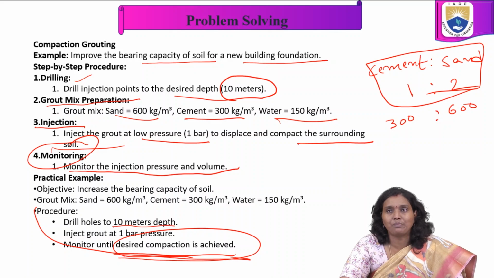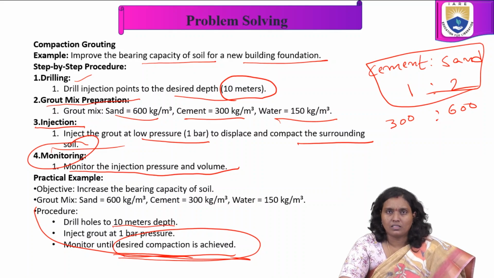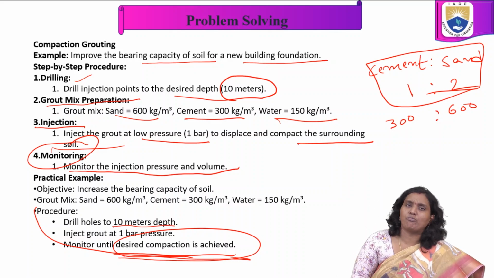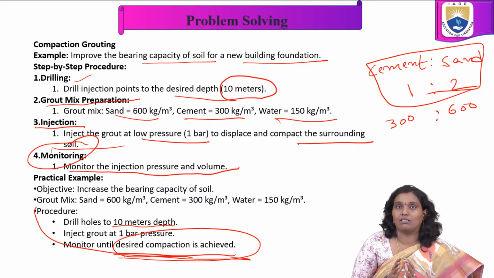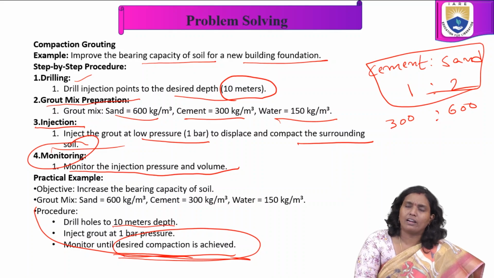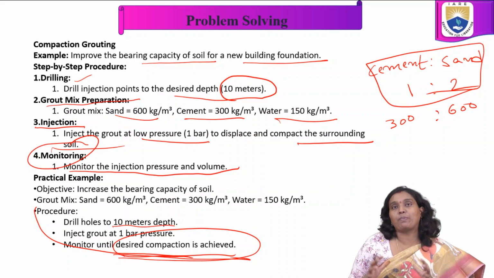These are the various steps involved in this particular chapter. We understand in this module various kinds of modifications we are going to consider even in the same technique, in compaction grouting and crack grouting and the different types of techniques and admixtures for various practical problems.